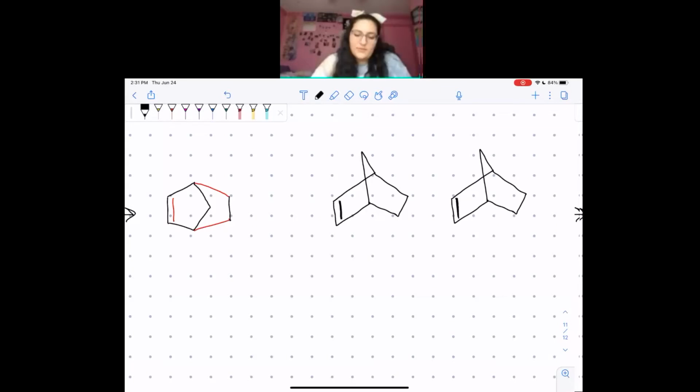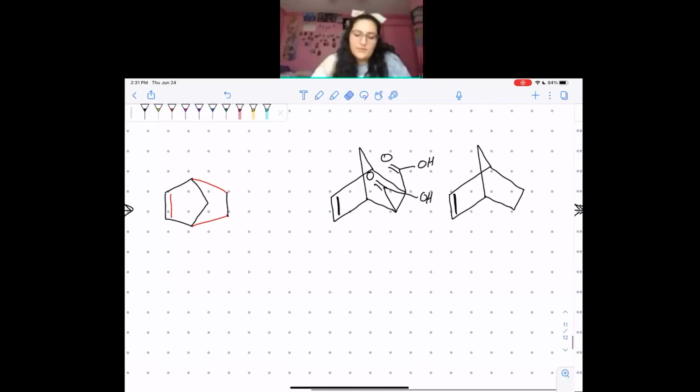So we can either have our groups pointing like such, or we can have them pointing this way.